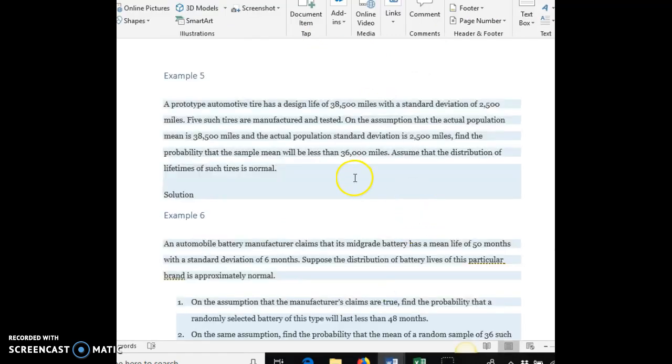All right, now let's go ahead and do our calculation using our z-score. Let's notice we want to know what's the probability the sample mean will be less than 36,000 miles.